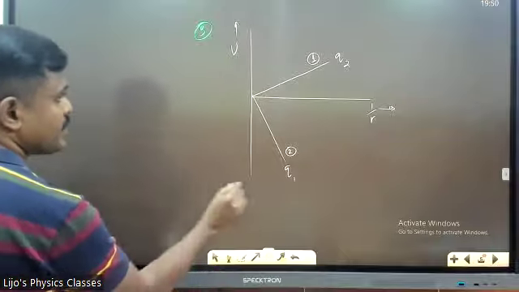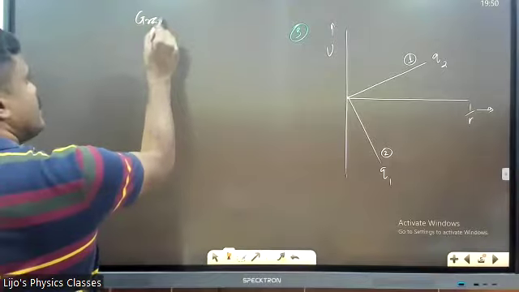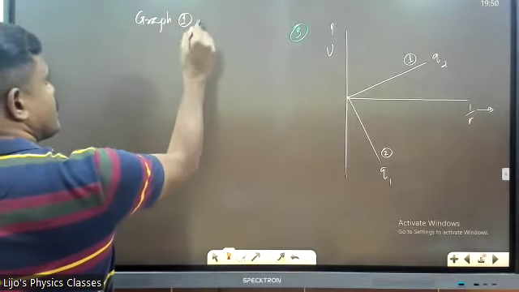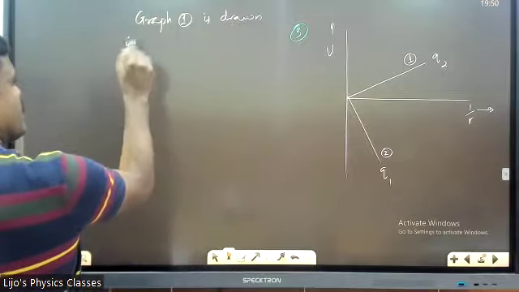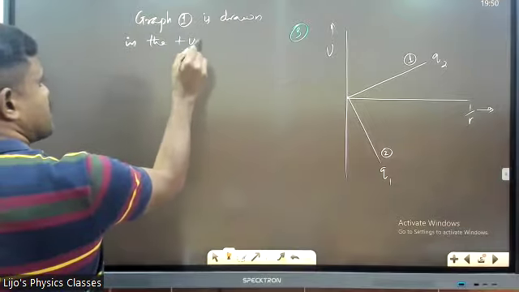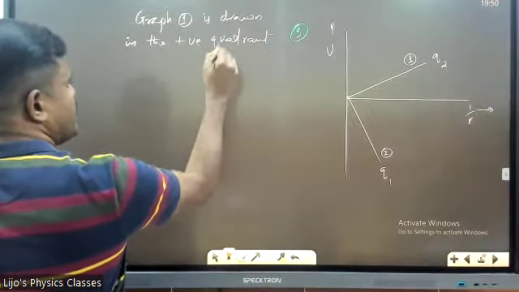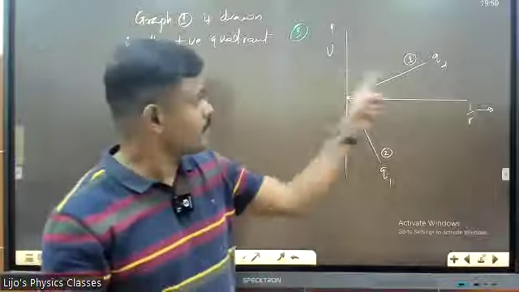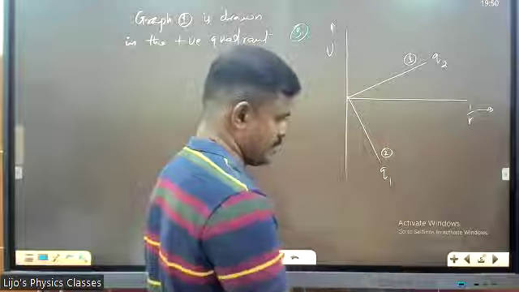You can write right now: graph 1 is drawn in the positive quadrant. Quadrant means that part. The first quadrant is called the positive quadrant.